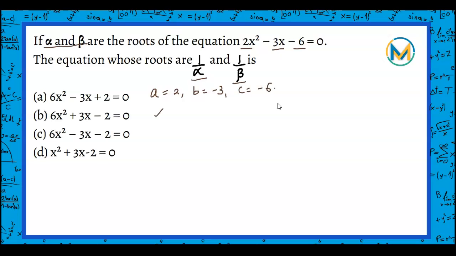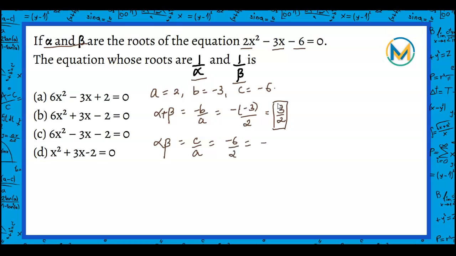Alpha, beta are the roots, so sum is going to be minus b upon a, which is minus of minus 3 upon 2, which is 3 upon 2. And the product alpha into beta is going to be c upon a, which is minus 6 upon 2, which will become minus 3.